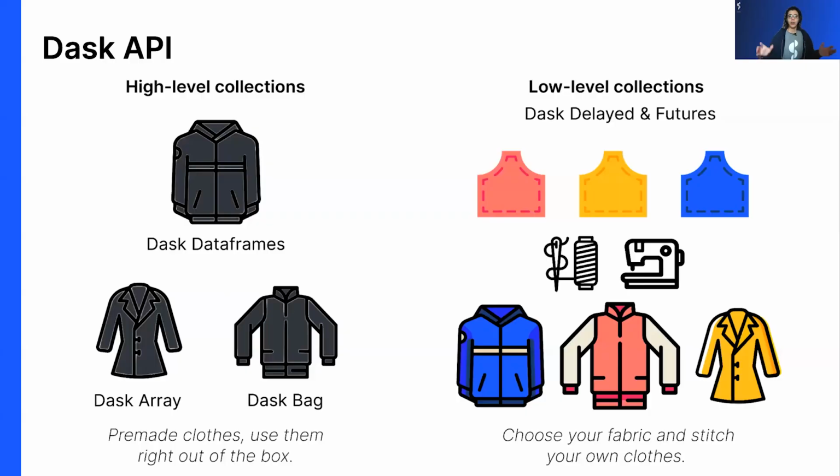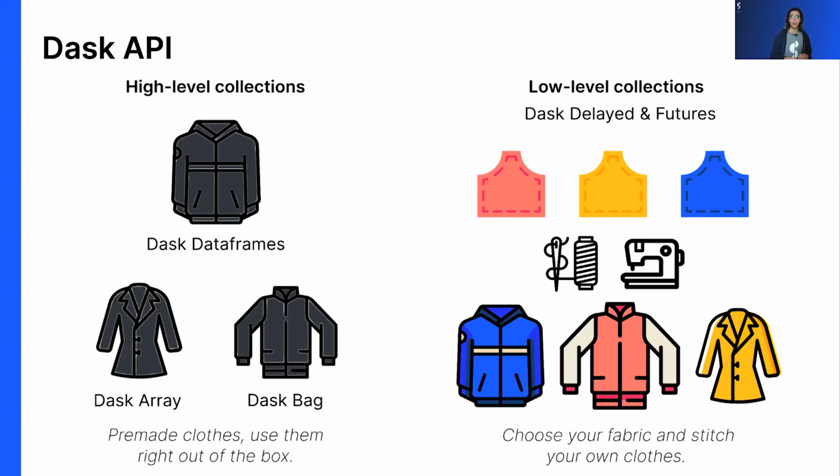So to get started, what is Dask? Dask provides multi-core and distributed parallel execution on larger than memory datasets, for example. You can think of the API as two parts. We have what we call high-level collections, which are Dask DataFrames, Dask Array, and Dask Bags.